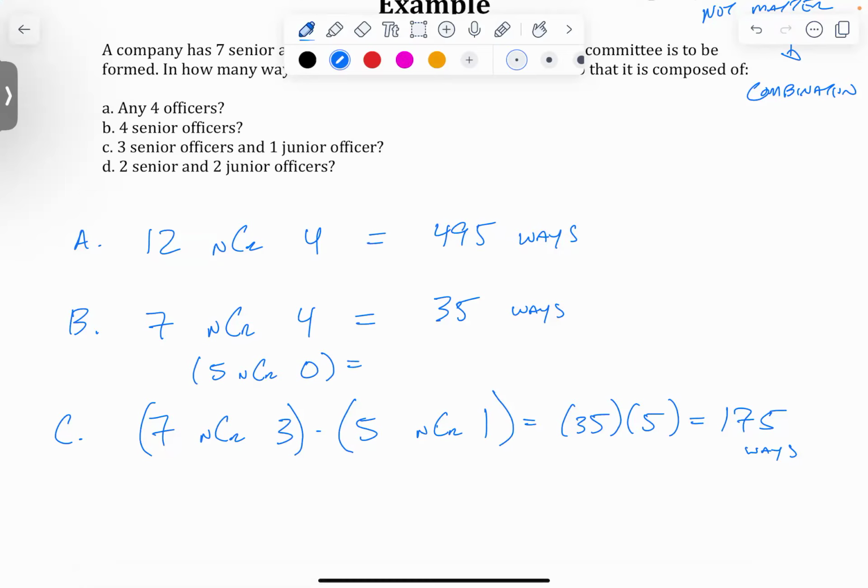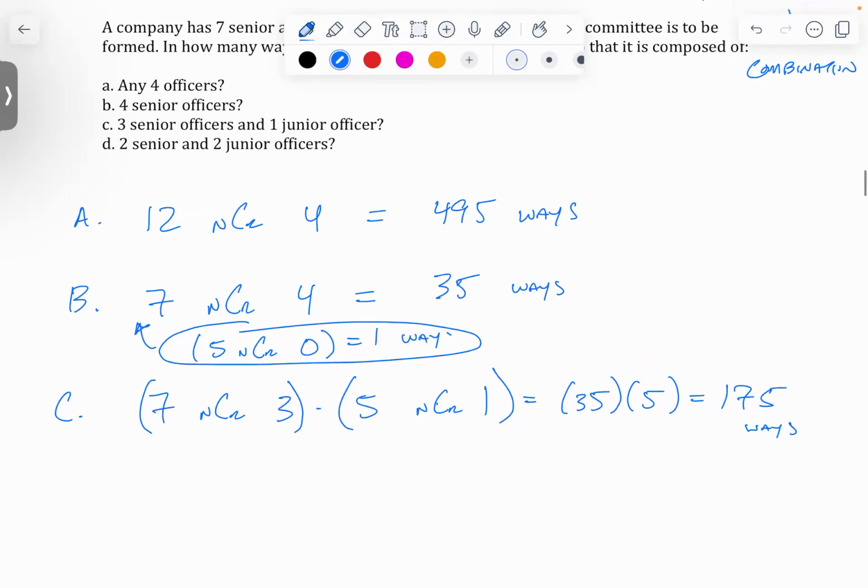Be aware, there's only one way to do that. And that was actually hidden in this calculation here, because 35 ways to get 4 out of 7, but there's only one way to get 0 people out of 5 people. You select 0 of them. That's the one way. So just so you're aware, technically that calculation in B is multiplied by 1, but I don't even show it because there's only one way to do that.